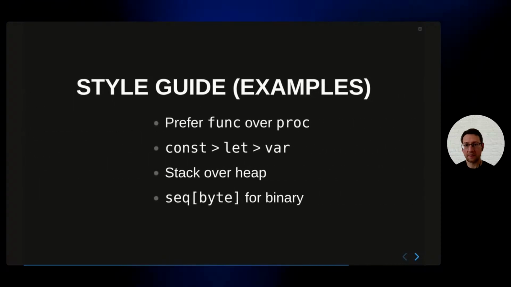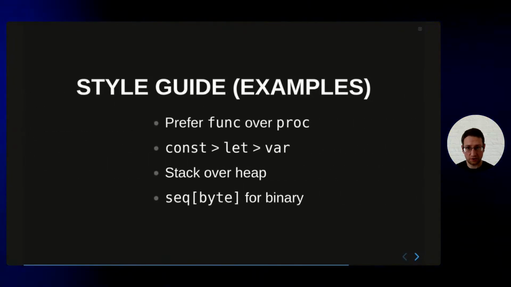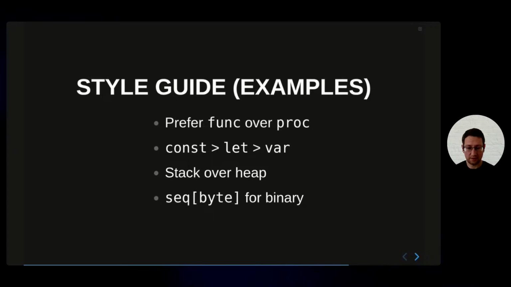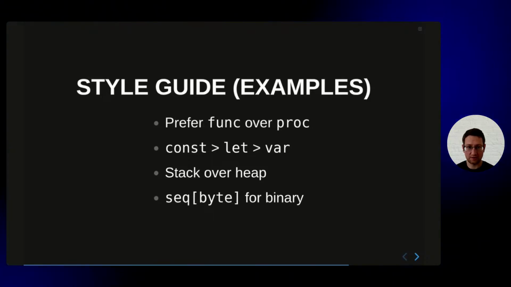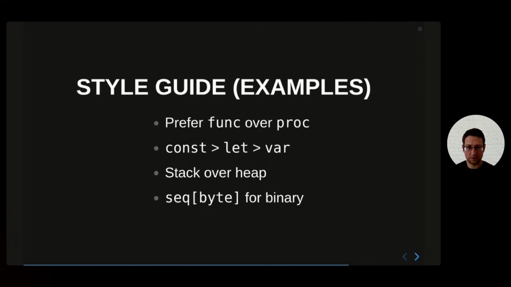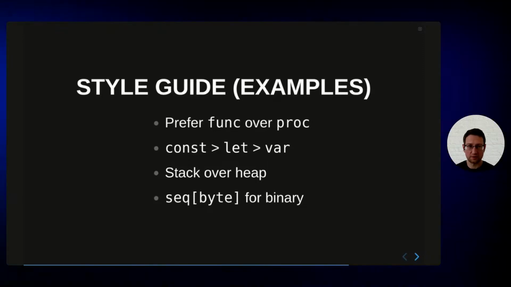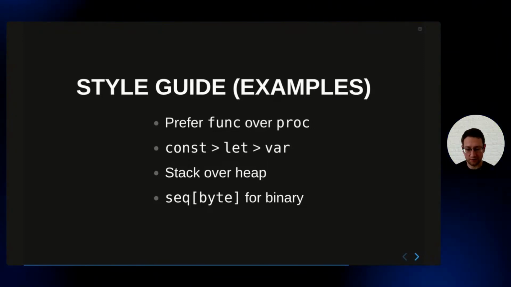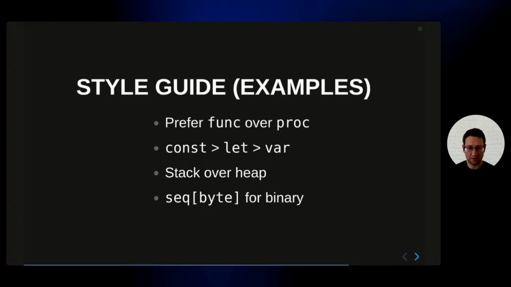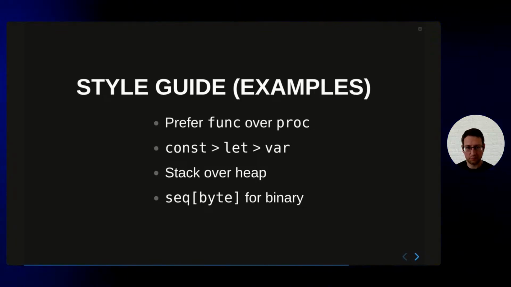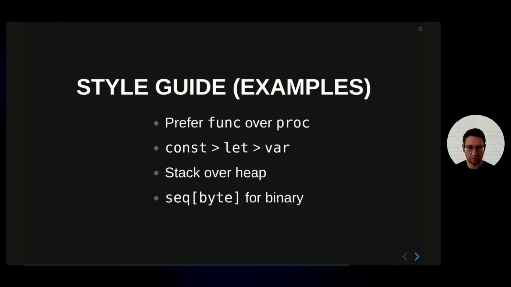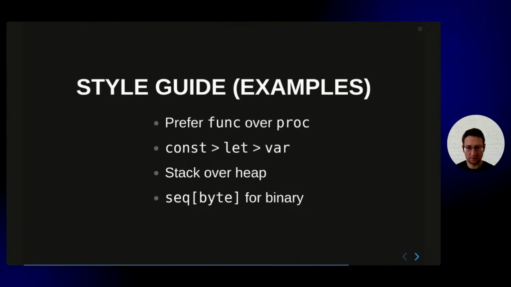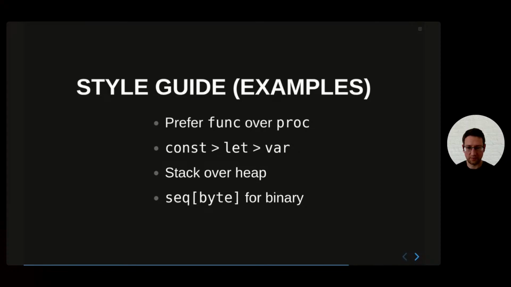Again, some examples of the style guide advice that have been extracted from the Nim style guide. Prefer functions, prefer more restrictive types of variables such as const and let, immutable variables as opposed to var, if not necessary, stack versus heap, and sequence of bytes for binary data.